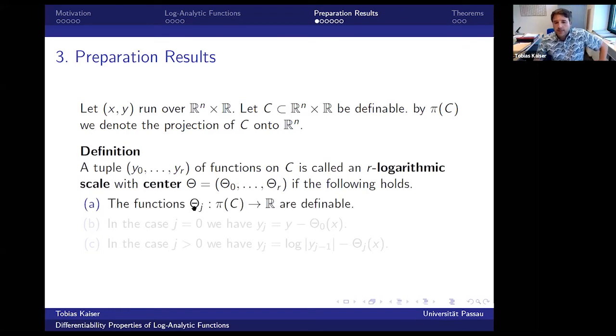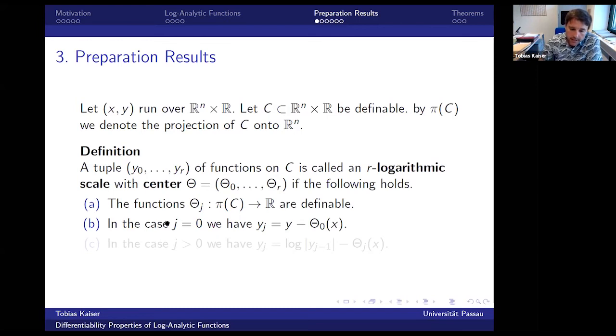The functions theta_j are definable functions on the projection pi(C), and these tuples y_j are obtained by translation by theta, applying the logarithm.